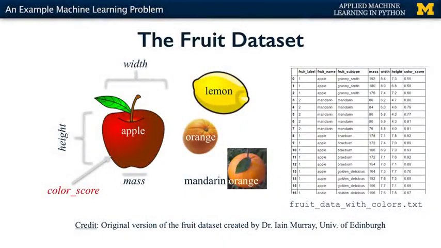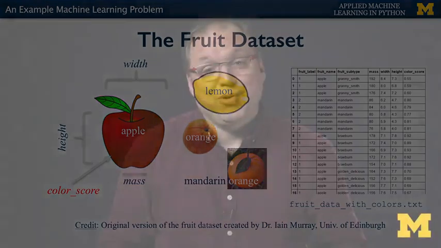The dataset we're going to use is a small, very simple example dataset derived from one originally created by Dr. Ian Murray at the University of Edinburgh for the task of training a classifier to distinguish between different types of fruit. So to create the original dataset, Dr. Murray went to a nearby store, bought a few dozen oranges, lemons, and apples of different varieties, and recorded their measurements in a table.